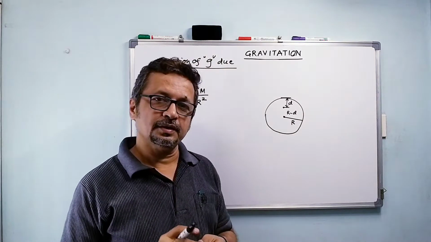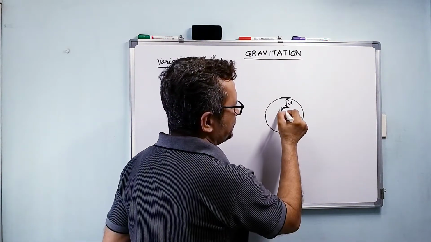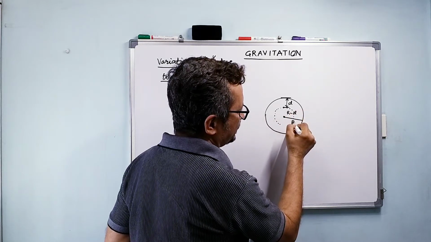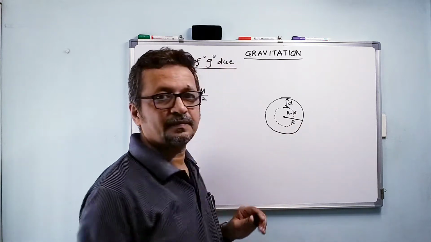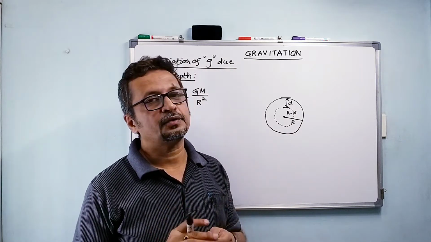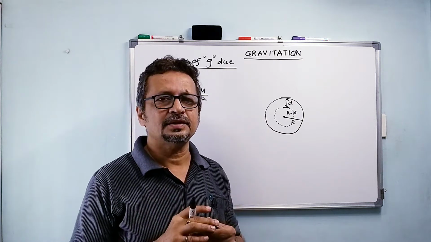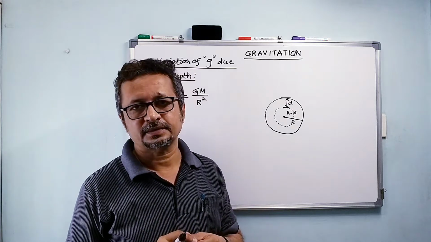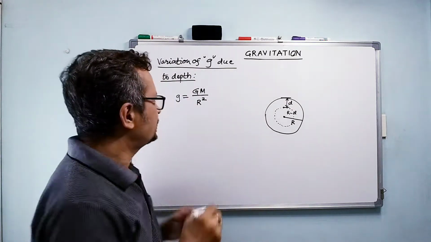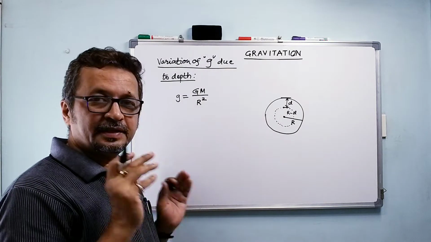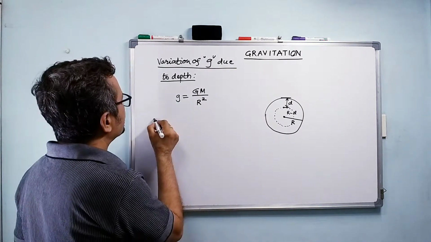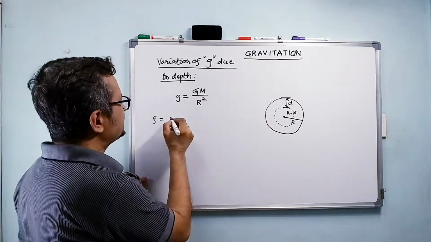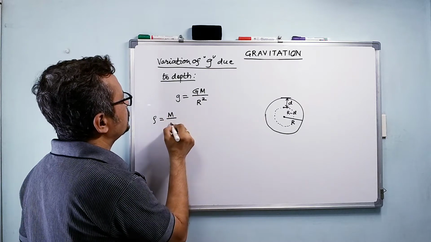But now here, my effective sphere is going to be something like this. Here we are going to assume that Earth is a fairly homogeneous mass with certain density. Suppose density of Earth is rho, then rho is equal to mass upon volume.